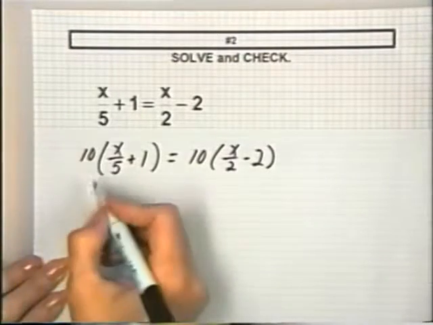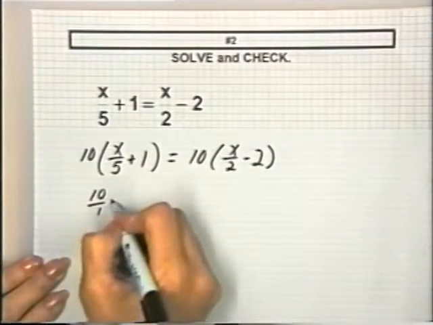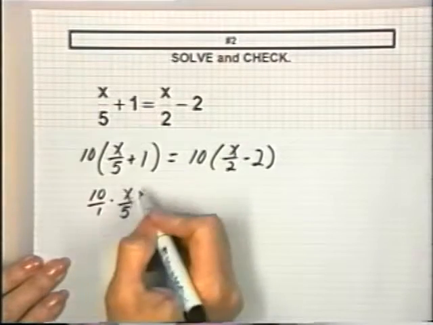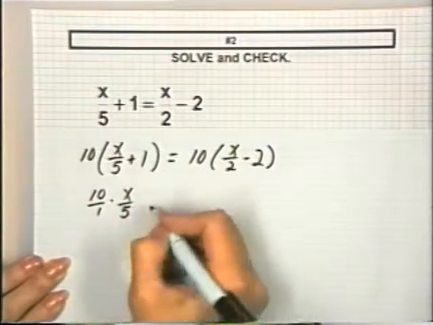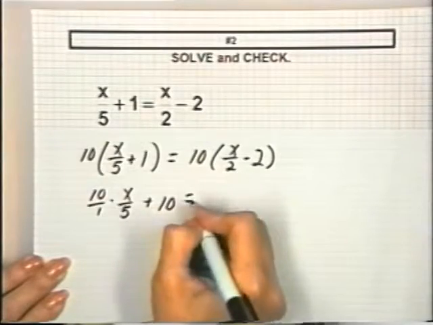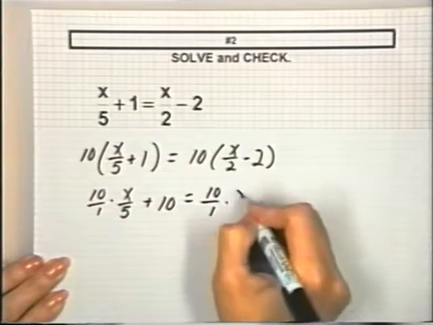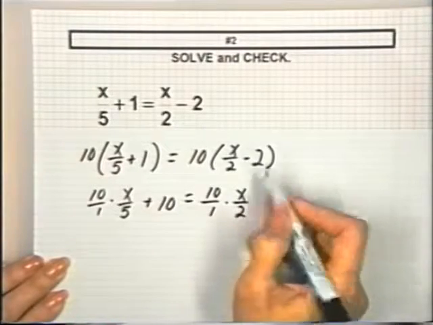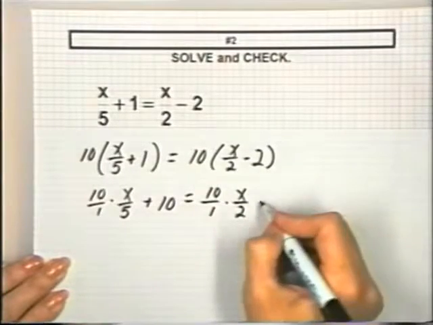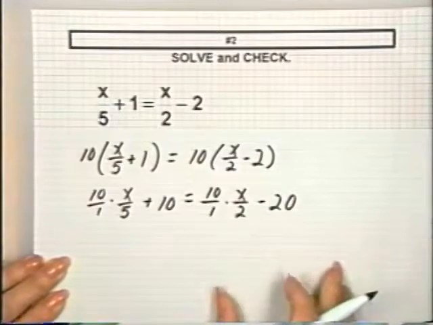When I distribute the 10, I will have 10 over 1 times x over 5, and 10 times 1 will give me 10. On the right side, I will have 10 over 1 times x over 2, and 10 times negative 2 will give me negative 20.